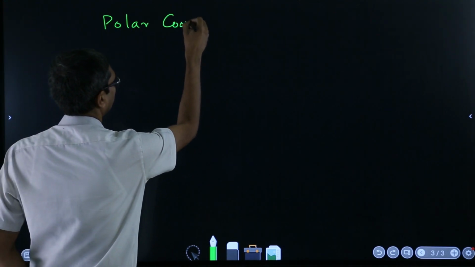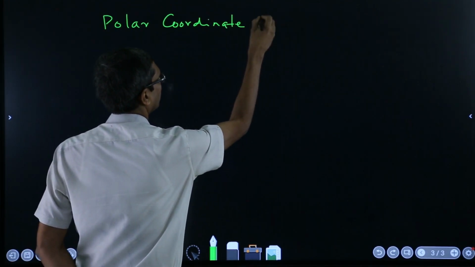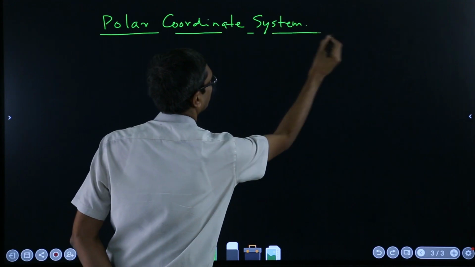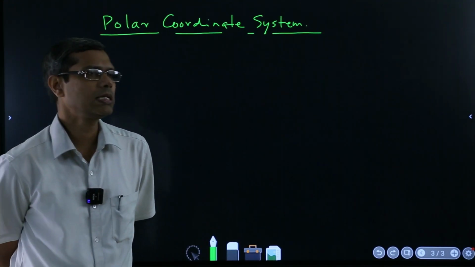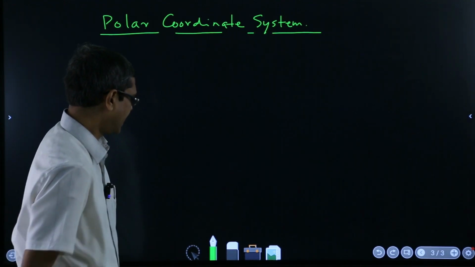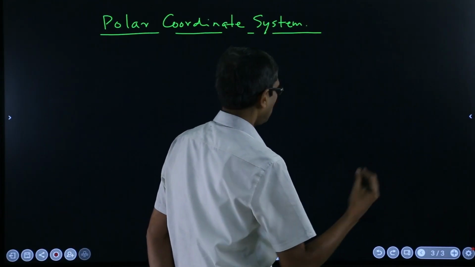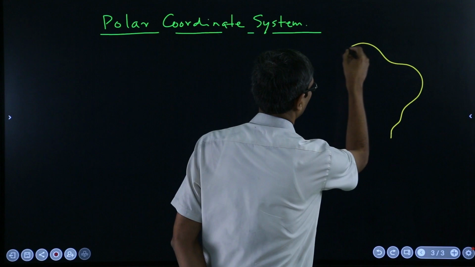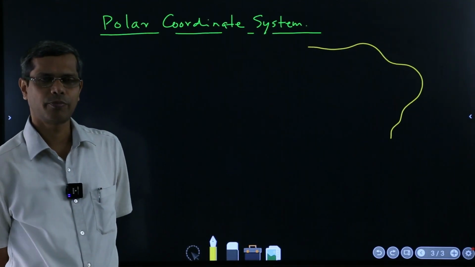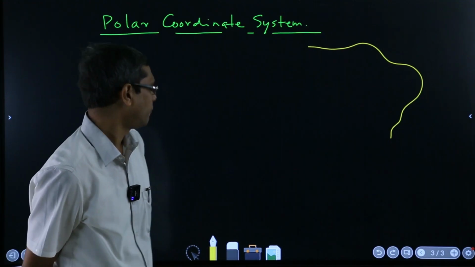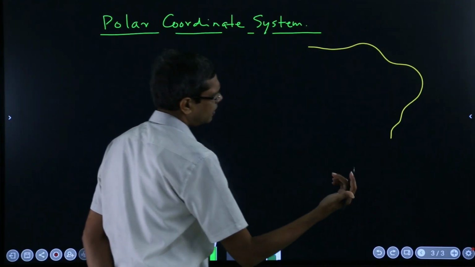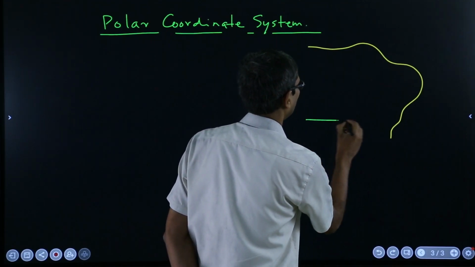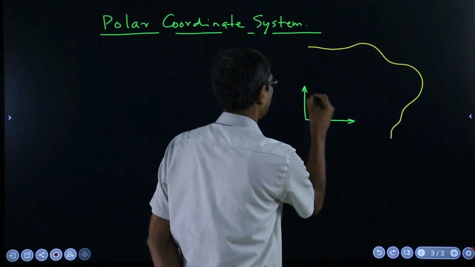Okay, polar coordinate system. Now what is done in this is, suppose a particle is moving on a certain arbitrary curved path, then we define very arbitrarily some direction to be our x axis and y axis.